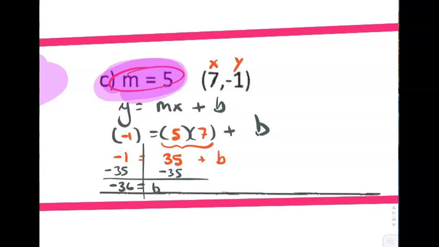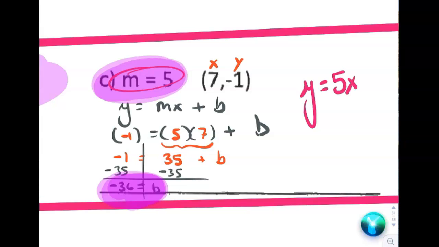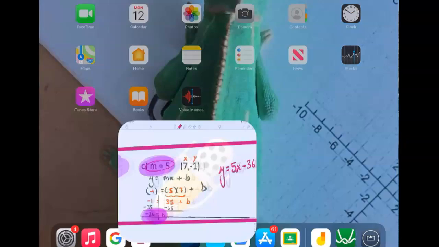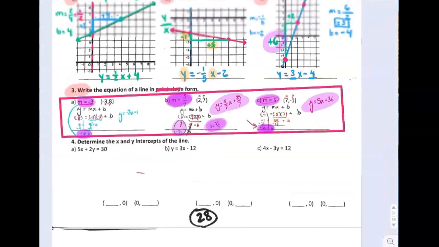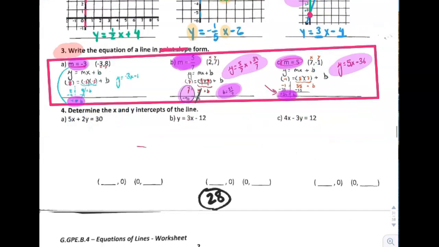So now I have my m, I have my b, and I can write my final answer of y equals mx plus b. And again, the plus is a negative this time because it was -36. Okay? So hopefully we're starting to get the pattern here.